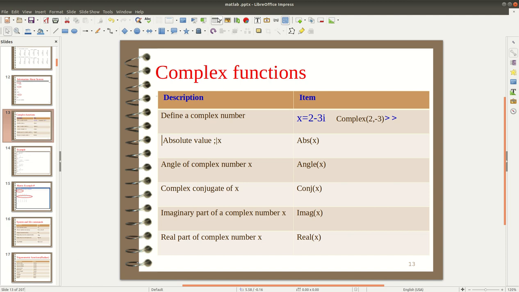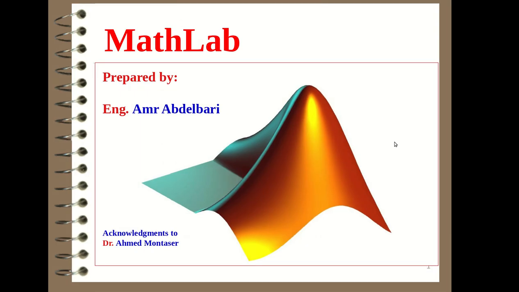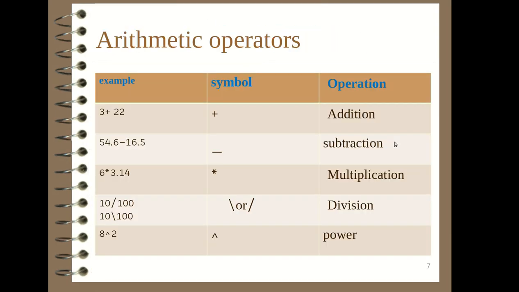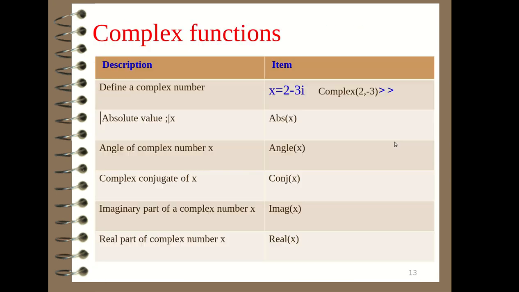The complex function, why is it opening from the beginning every time? Yes, complex function. You know, from mathematics or calculus 1 and 2, that there is something called a complex number, written like this: x equal to minus 3i or 3j. This is the square root of minus 1.